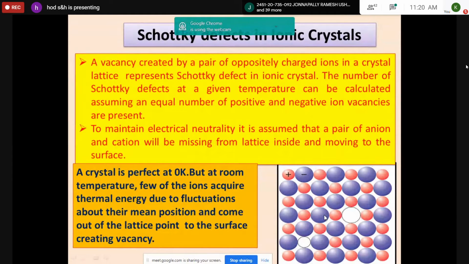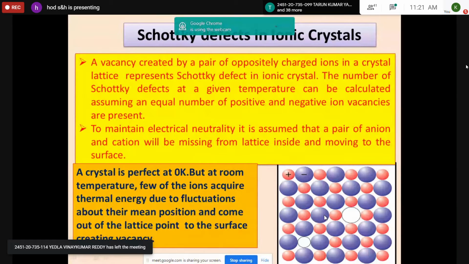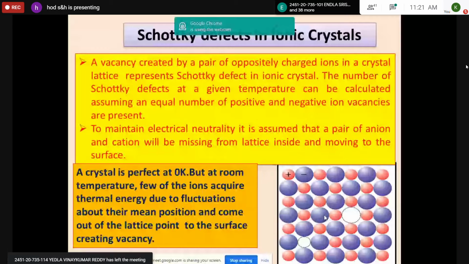At 0 Kelvin, the crystallization and the position and orientation of either ions or atoms are exactly perfect. As the temperature changes, the ions in the crystal lattice absorb some energy, some disorder takes place, the entropy increases, and they move from the regular position to the surface of the crystal.